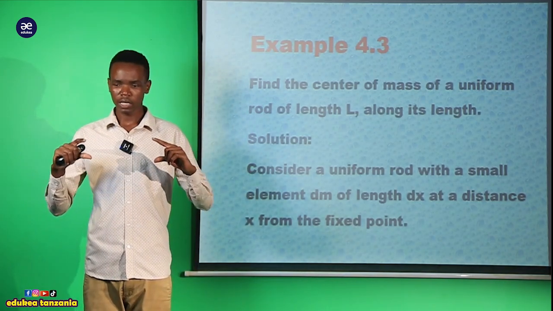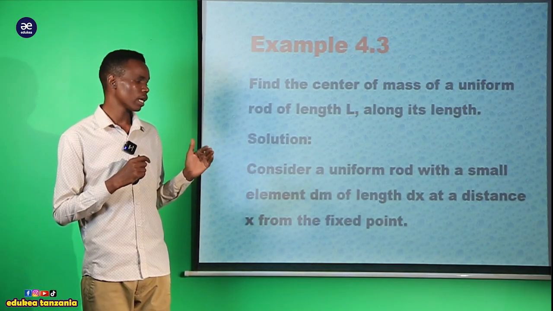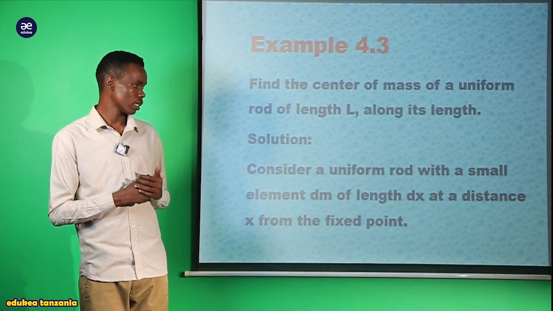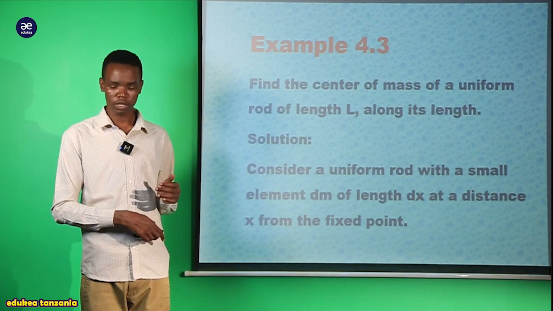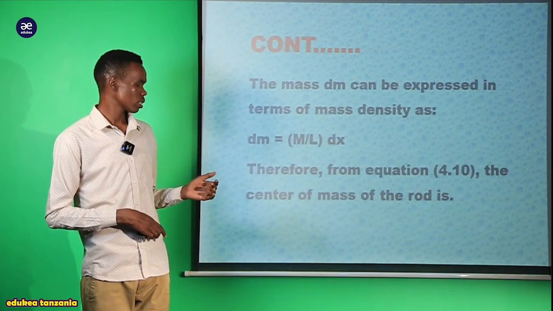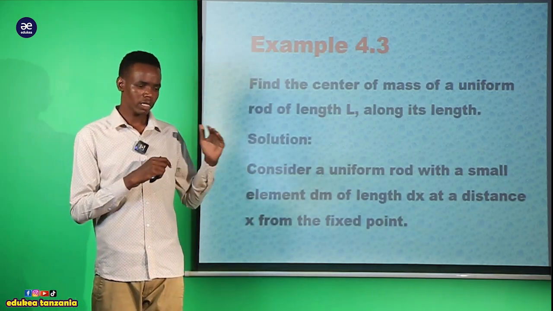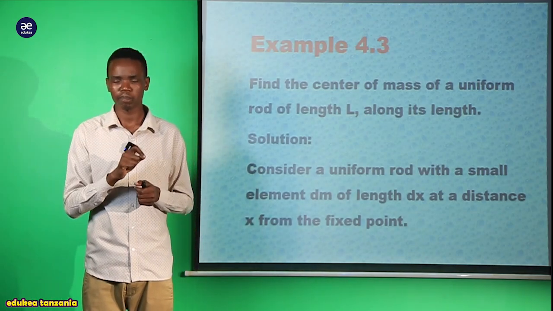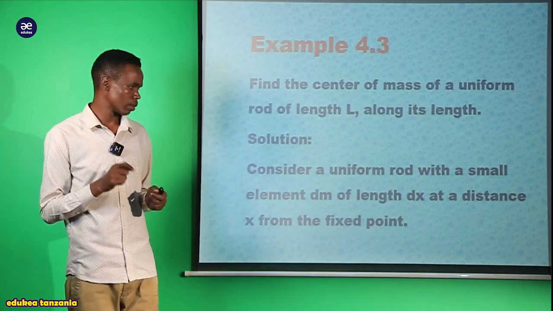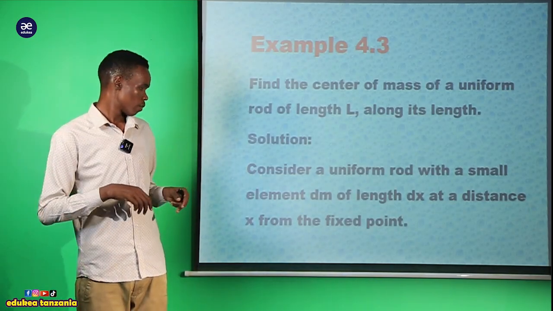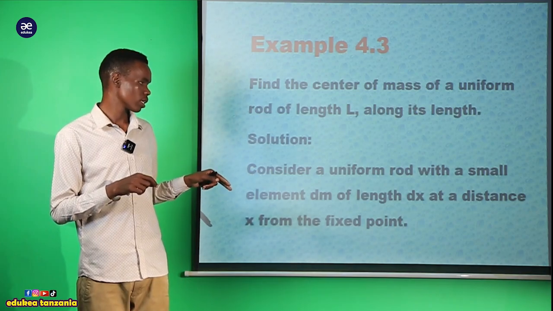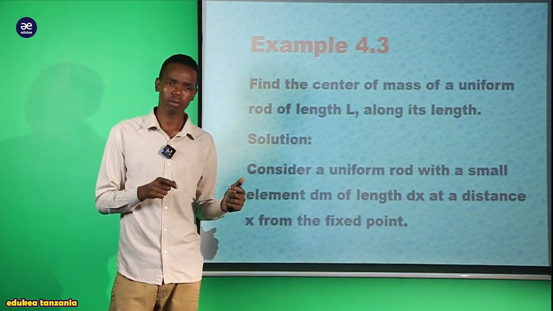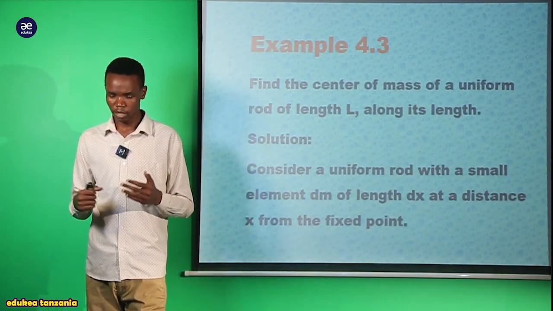We assume we have our load, and that uniform load contains an element which we call dm, of length dx. It is at a small distance dx, at a distance x from the fixed point or the fixed axis of rotation here.